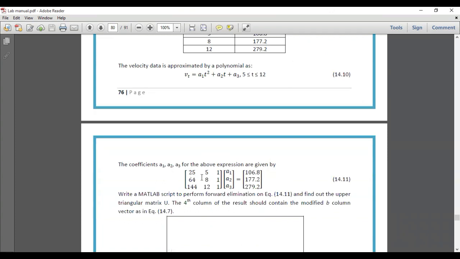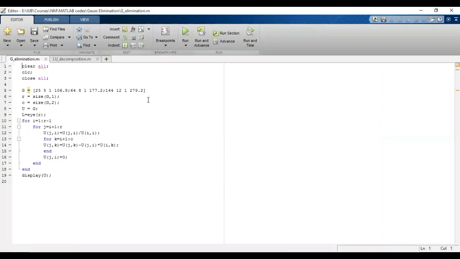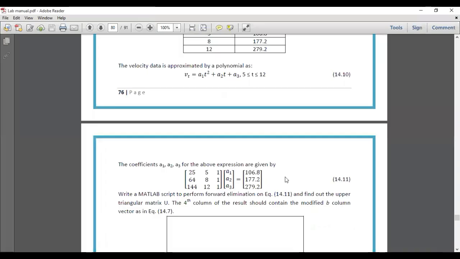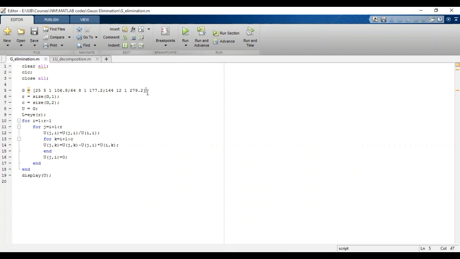So you can see this is our system matrix, and we can achieve the upper triangular matrix from this system of three equations using this MATLAB algorithm. This is our actual matrix, a 3 by 3 matrix, 25, 5, and 1, and this is the column vector at the right hand side. So 106.8, 177.2, and 279.2 have also been included over here.